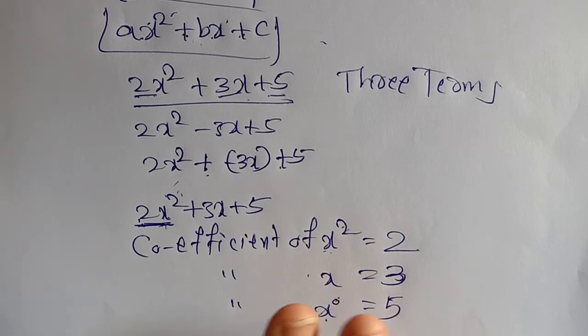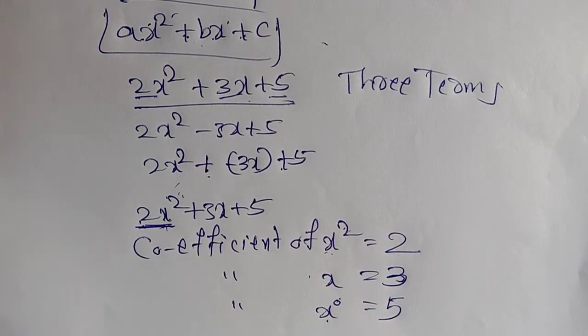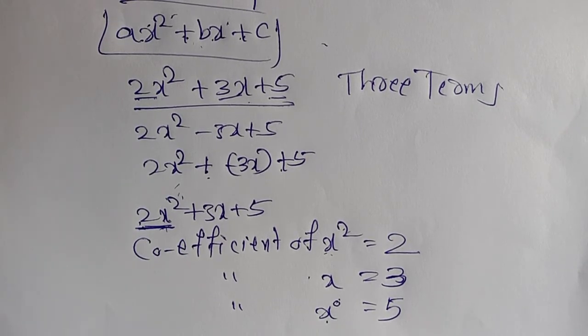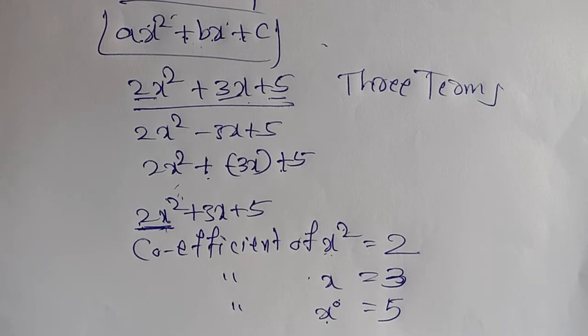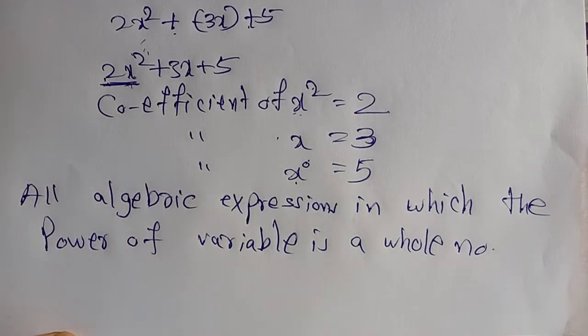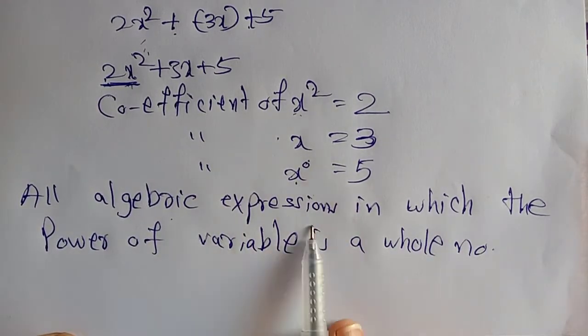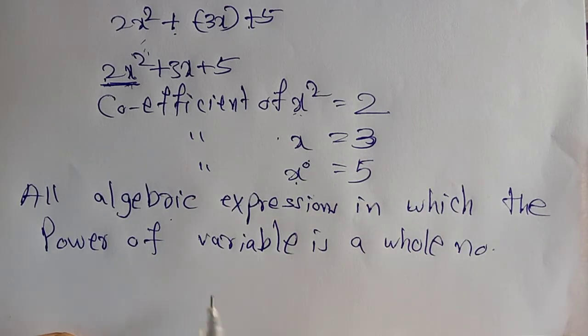Now let us understand the definition of the polynomial. Friends, the definition of the polynomial is all algebraic expressions in which the power of the variable is a whole number. I will write that. This would be a whole number.